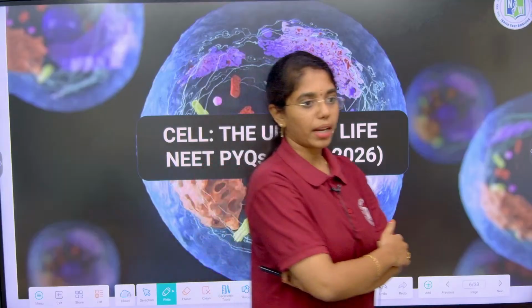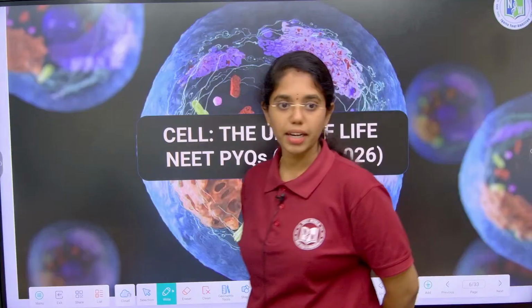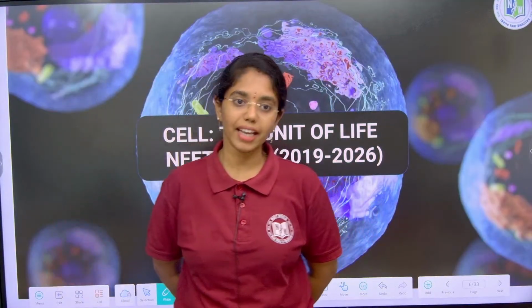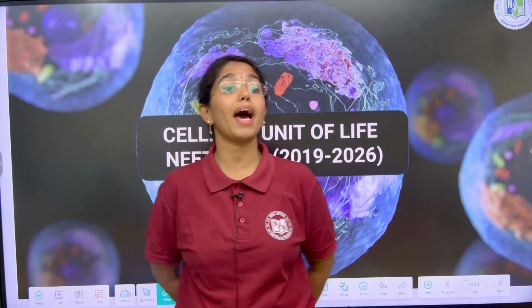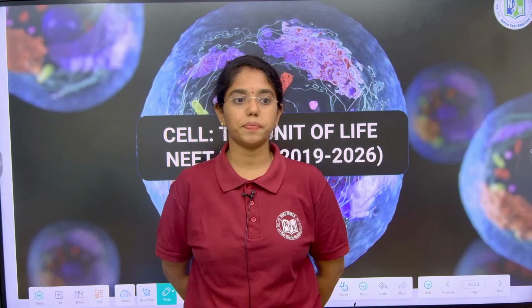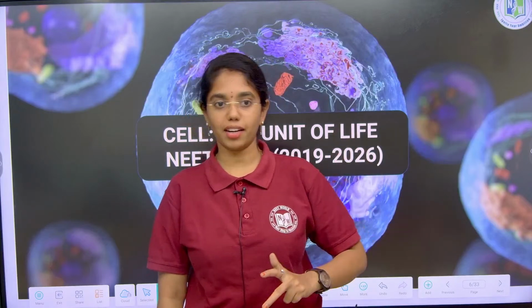Next is the cell membrane. Cell membrane model, the fluid mosaic model, which is widely accepted, proposed in the year 1972 by Singer and Nicolson. According to them, what are the components of the cell membrane? From the RBC, right? RBC or erythrocyte. What are the components? Proteins, lipids, carbohydrates.